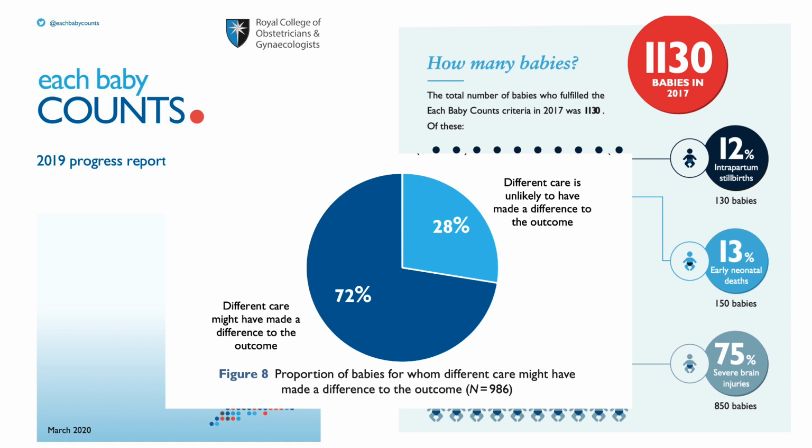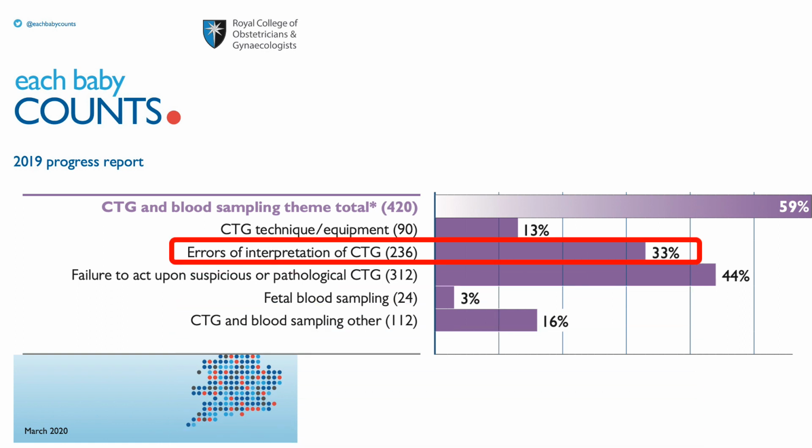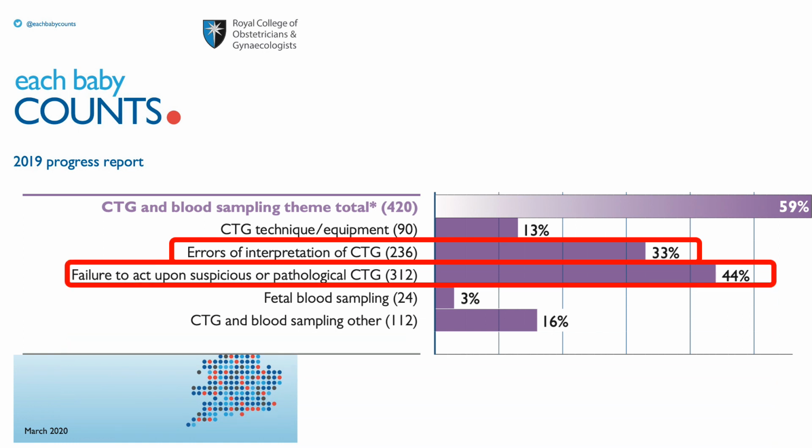And sadly, in 72% of these cases, the report has concluded that different care might have made a difference to the outcome. And CTG interpretation errors contribute to approximately 33% of all cases. And sadly, failure to act upon suspicious or pathological CTG has contributed to 44% of these cases.